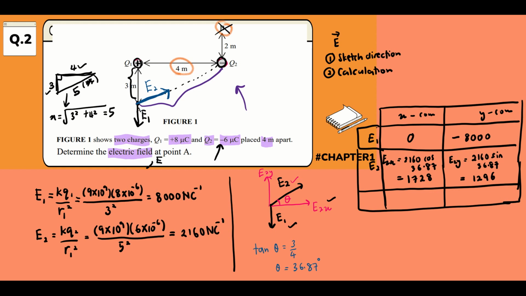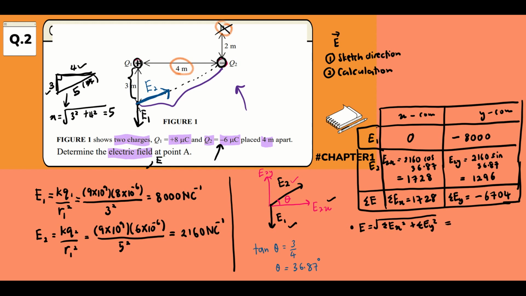Then we find the total electric field for the x-axis, which is 1728, and here is the total for the y-axis, which is negative 6704. To get the total electric field, we use this equation: the square root of summation of Ex squared plus summation of Ey squared.